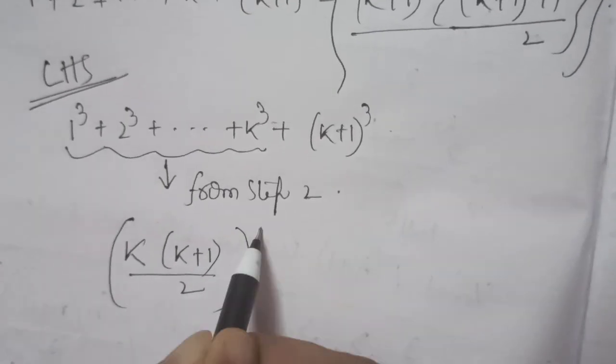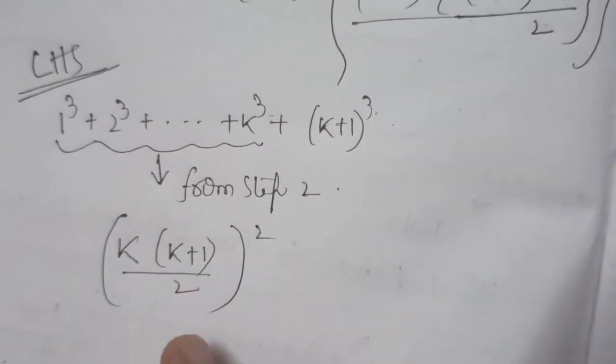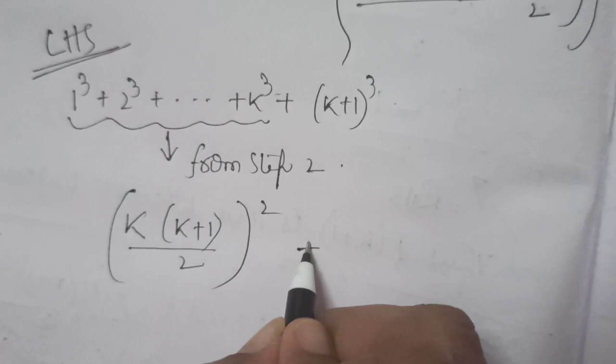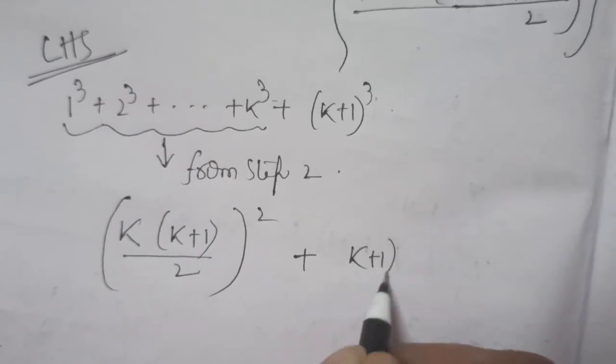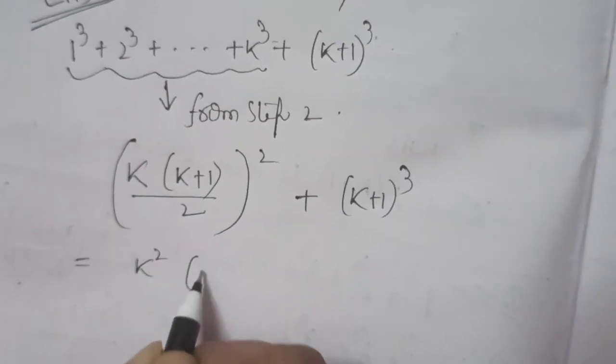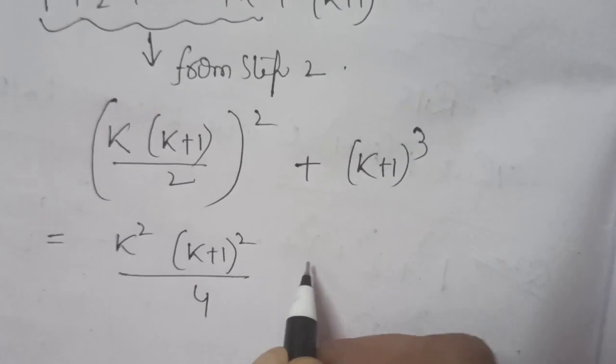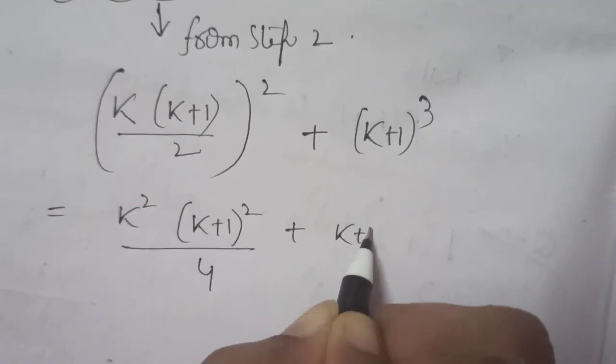This is given in your step 2. From step 2 you copied this value, equal to this much plus k plus 1 whole cube. Open the bracket. What are you going to get? k square, k plus 1 whole square by 2 square is 4, plus k plus 1 whole cube.